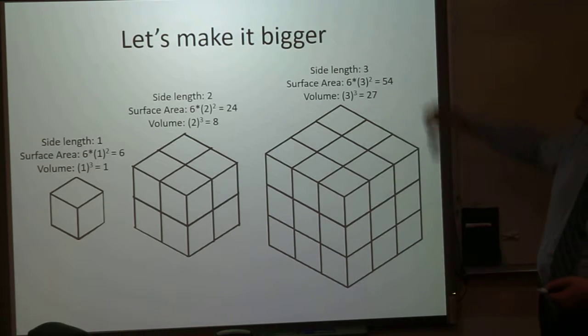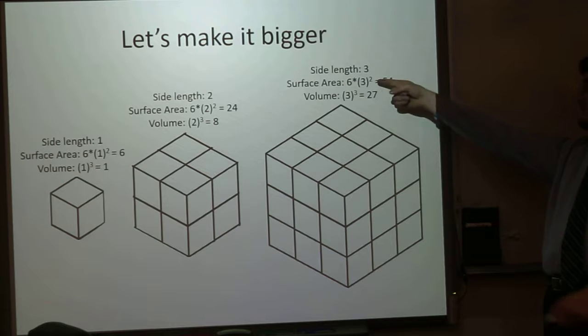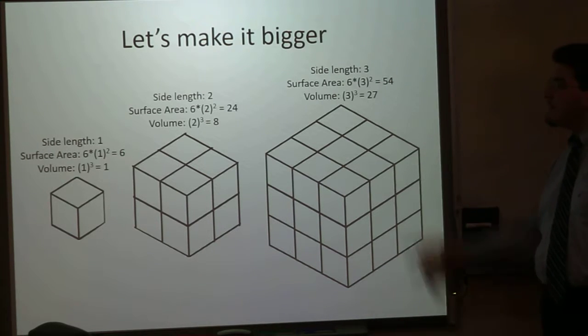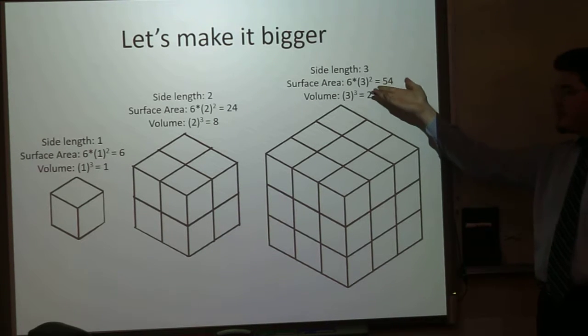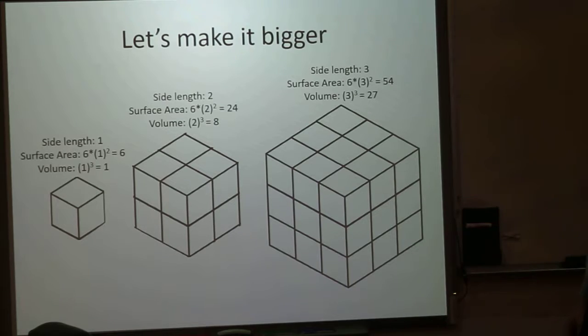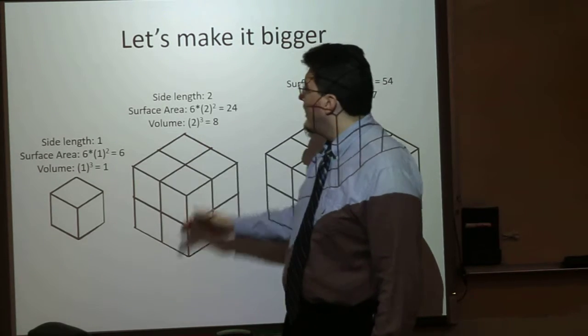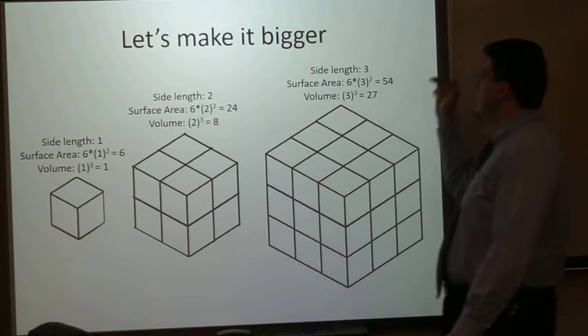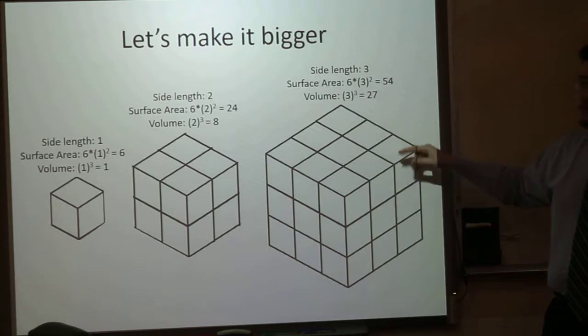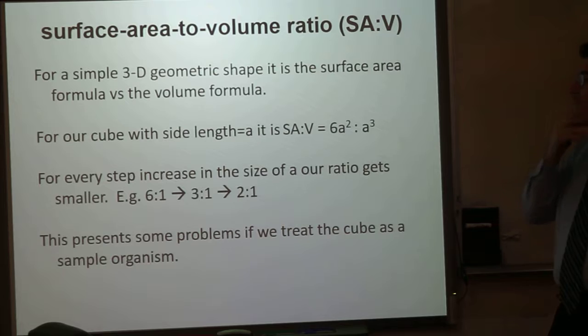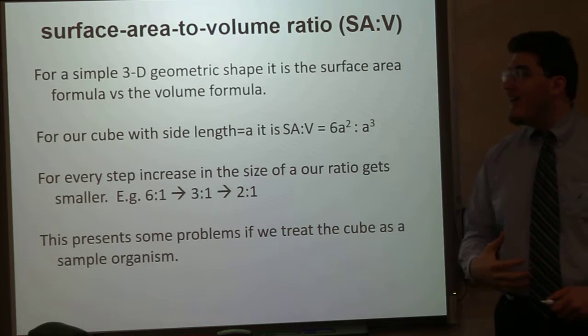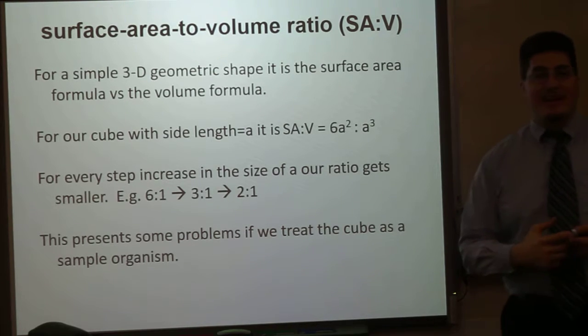And if our side length is 3, we get 6 times 9, which equals 54, and 3 cubed, which is 27. So effectively, the ratio here is 6 to 1, 3 to 1, and then 2 to 1. So for every step increase in size, our ratio is going to get smaller.